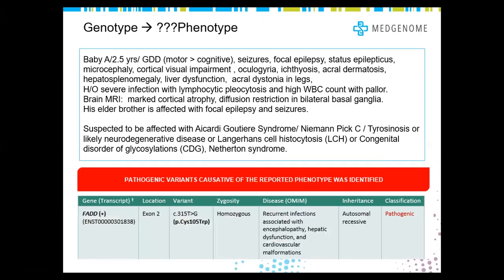So what we found was a homozygous variant in an autosomal recessive condition, which is called recurrent infections associated with encephalopathy, hepatic dysfunction, and cardiovascular malformation. So now, as clinicians, we have a small list of disorders which we see over a period of our practice, and it is not always easy to put a diagnosis.